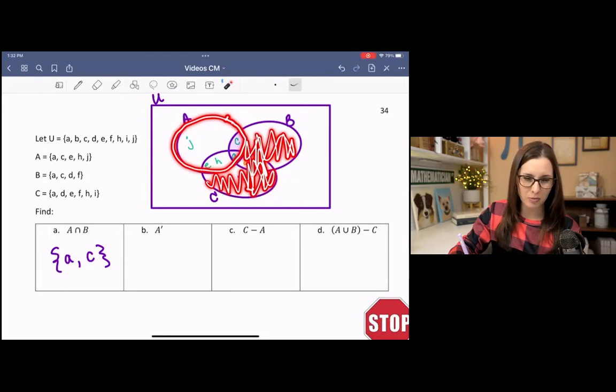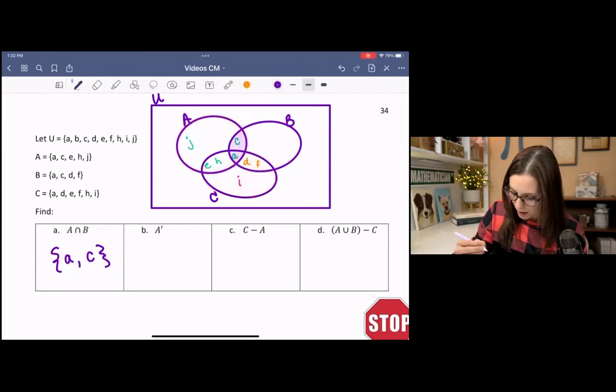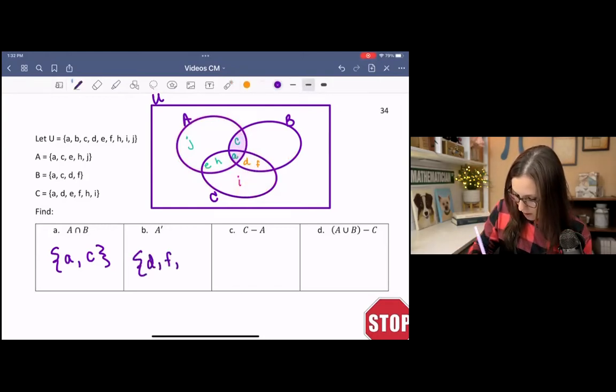But we don't have any letters in the universal set that aren't in the circles anyway. So I'm focusing on all the red scribbles. Any letters in those regions are the complement of A. Complement of A is everything not in A. So that's going to be D, F, I.